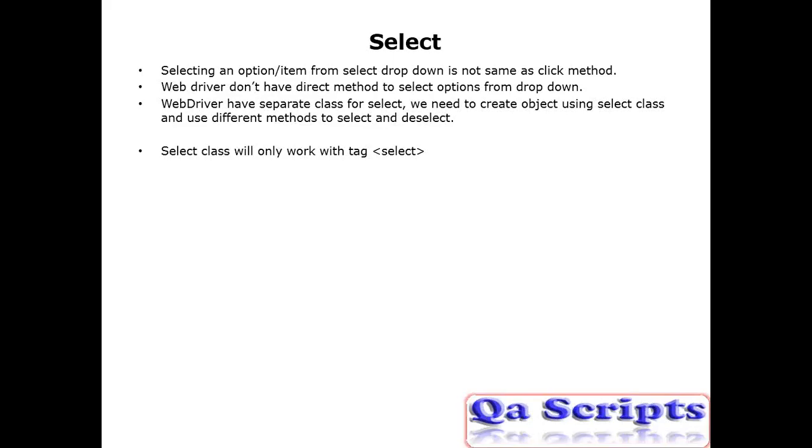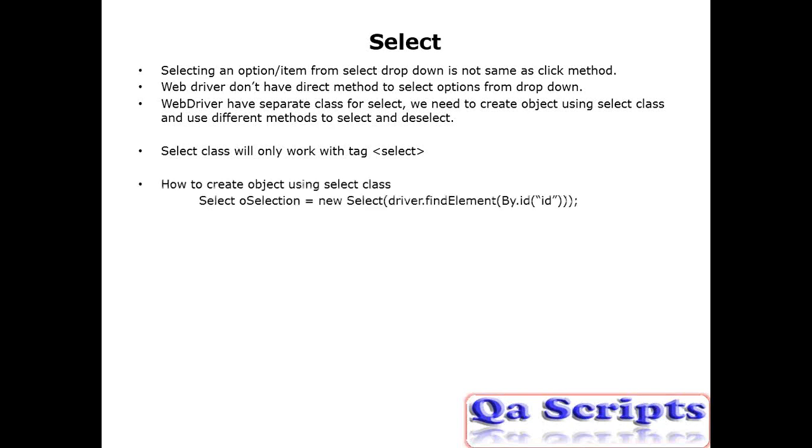Let us understand how to create an object using Select class. Here is the syntax. First we have to use Select keyword, then an object name, it may be anything but relevant to the object drop down, then equals to new. Again use Select keyword. Here we have to pass parameters, such as the element locator of that particular element.